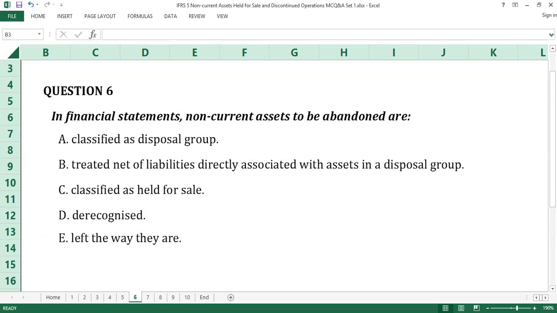Question number 6. In financial statements, non-current assets to be abandoned are dash. A. Classified as disposal group. B. Treated net of liabilities directly associated with assets in a disposal group. C. Classified as held for sale. D. Derecognized. E. Left the way they are.